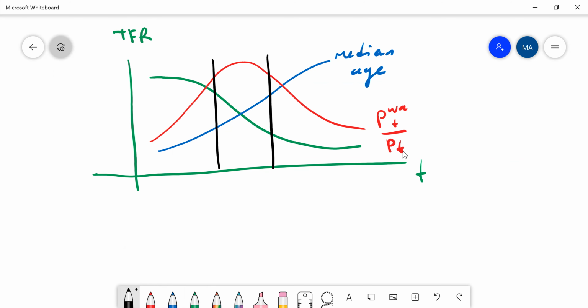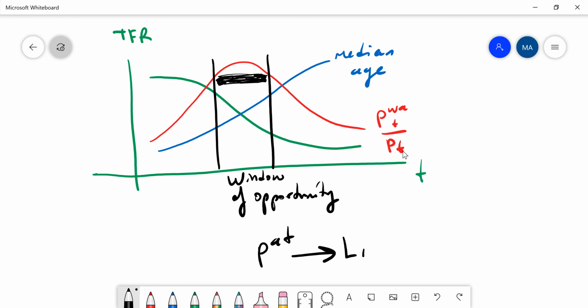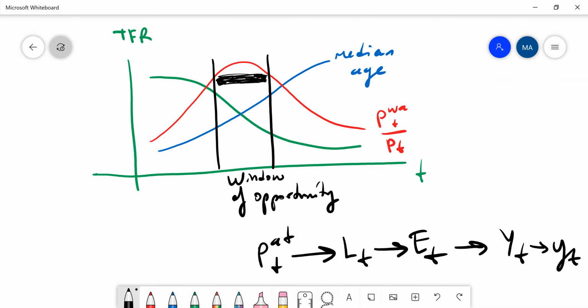So there is this, let's say, window of opportunity, right? Why is that important? Because this is an episode that you should use these people, a large majority of your population that is in working age. You should put these people into the labor force, and then you have to employ them. Why? Because you want to increase aggregate GDP. Why? Because you want to increase per capita GDP. Okay.